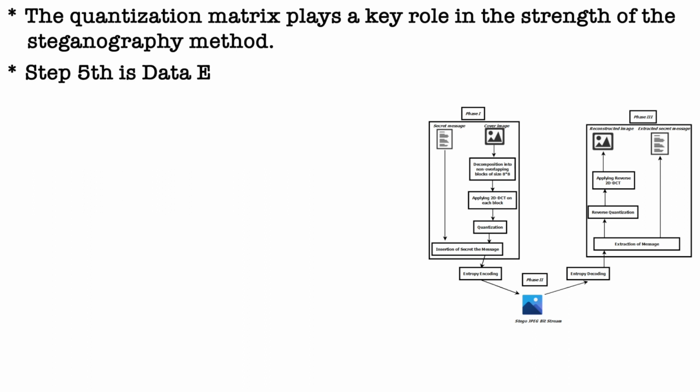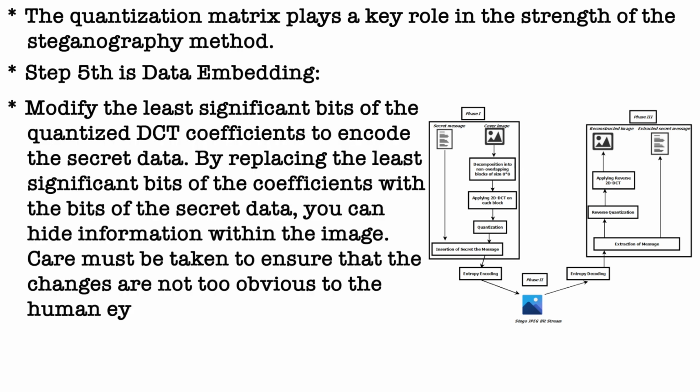Step 5 is data embedding. Modify the least significant bits of the quantized DCT coefficients to encode the secret data by replacing the least significant bits of the coefficients with the bits of the secret data. You can hide information within the image.